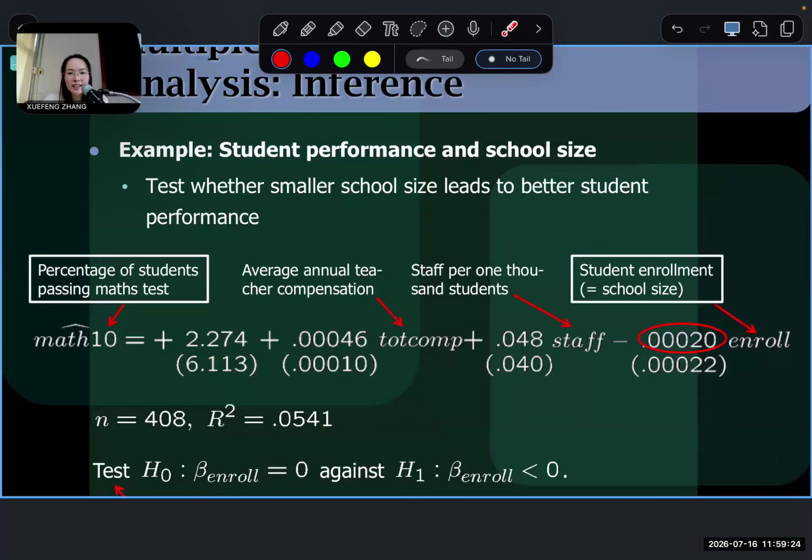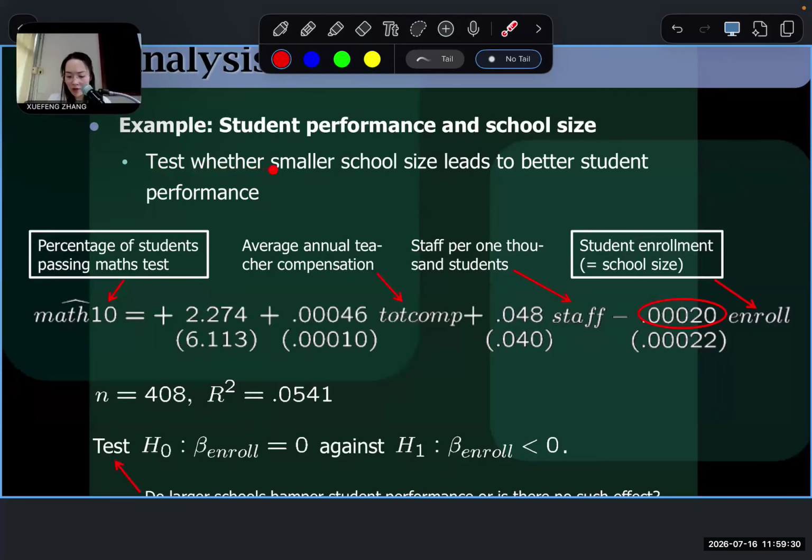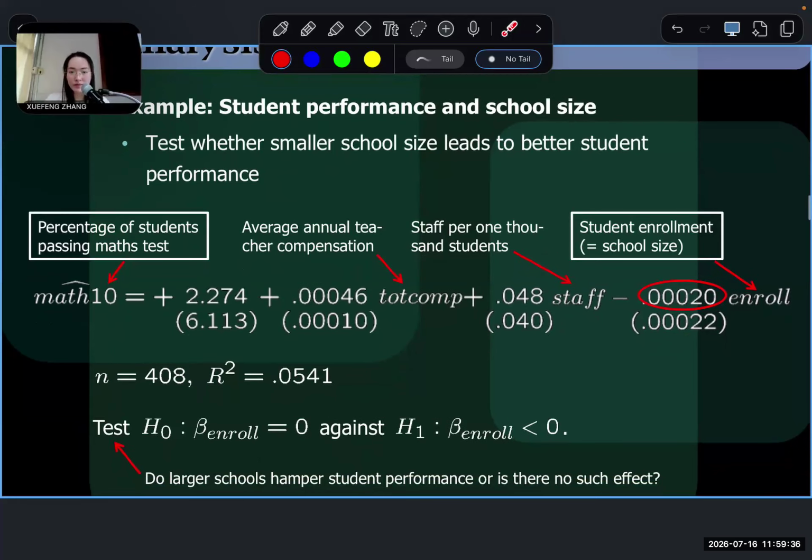Okay, another example, this time testing a negative effect, all right? So we want to test whether small school size leads to better student performance. We have our Y here, right? Percentage of students passing the math test. This is the intercept. This is the average annual teacher compensation.